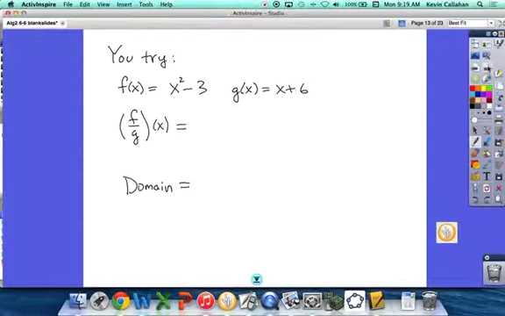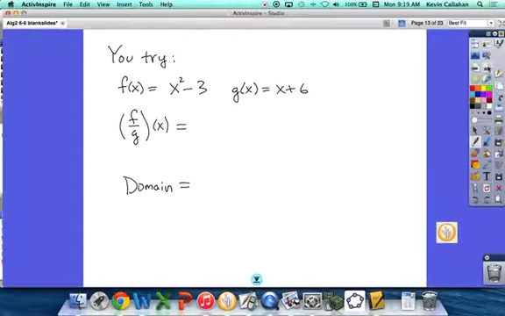Okay. You're getting the solution. What do we get for a domain? What does x not equal?